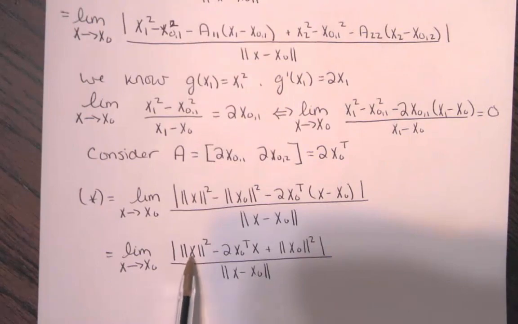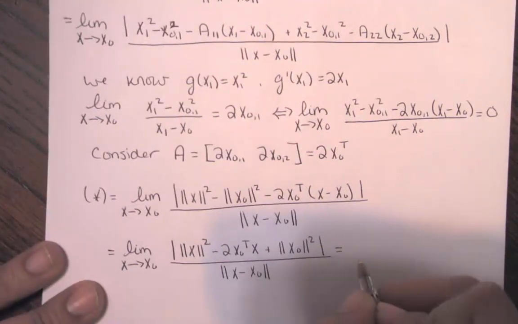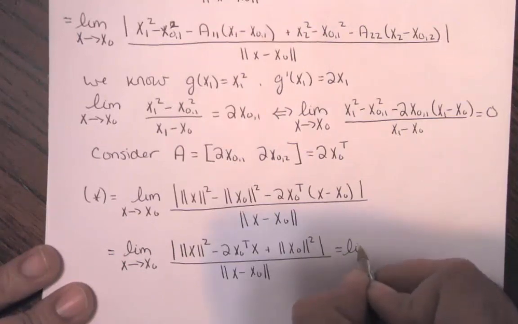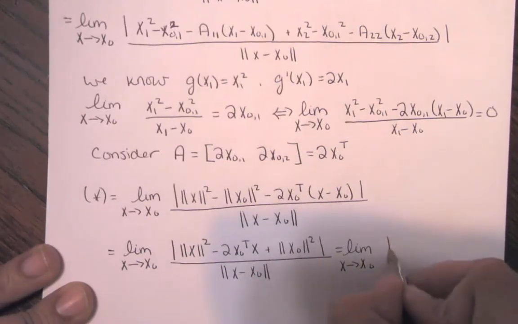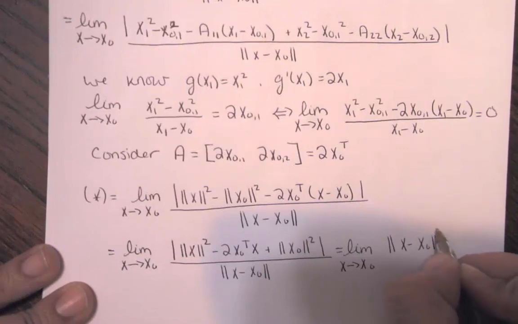And now this looks an awful lot like the outcome of squaring something or foiling two of the same thing. In fact, it is. This is equal to the norm of x minus x naught squared.